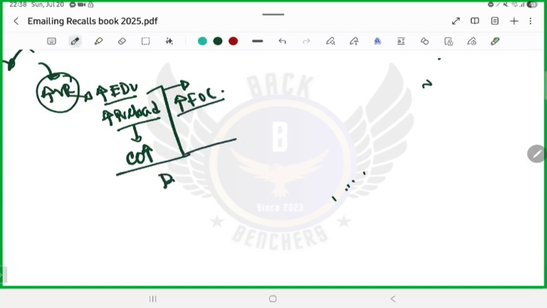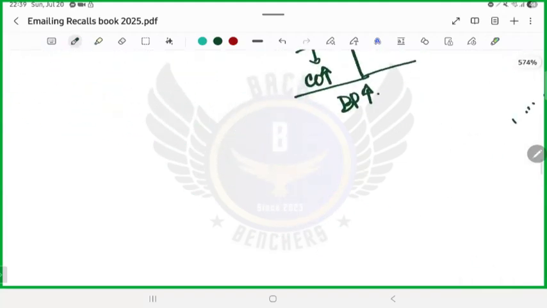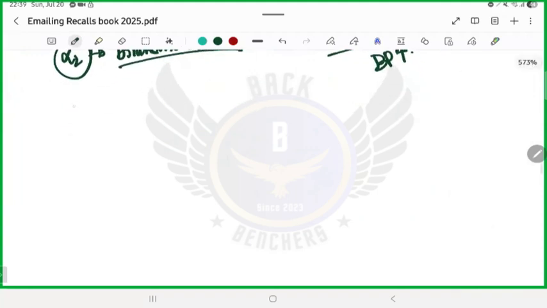So increased BP. So alpha 1 will increase BP. What about the others? Alpha 2 causes dilatation of the pupil. Not so important, leave it.